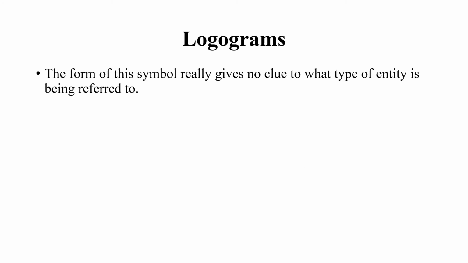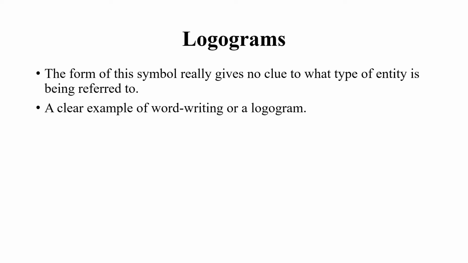The form of this symbol really gives no clue to what type of entity is being referred to. That is, the relationship between the written form and the object it represents has become arbitrary, meaning there are no rules on which this relationship is based. And this is, of course, a clear example of word writing or a logogram.